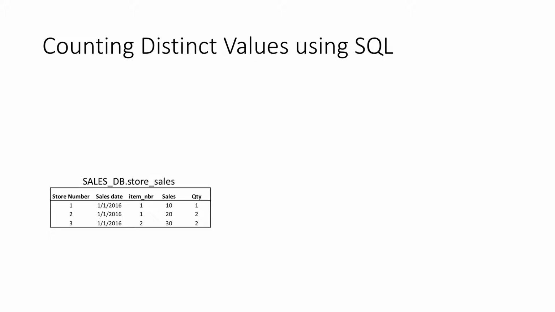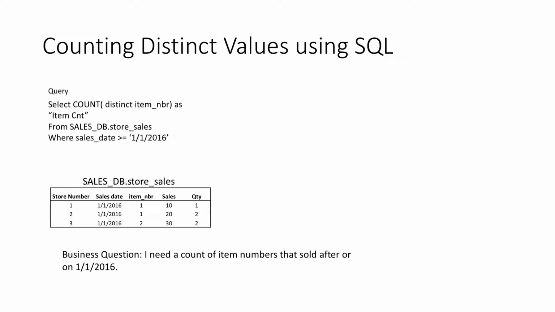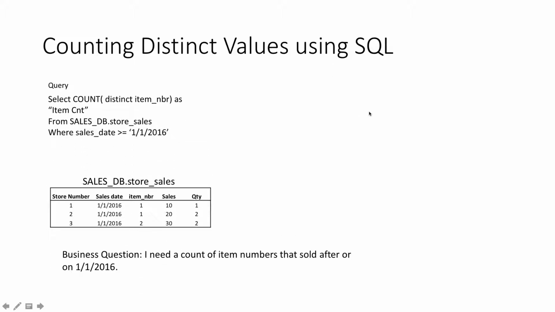Okay, so now we're going to get into counting distinct values. I need a count of item numbers that sold on or after 1/1/2016. So we have select count distinct item number as item count from our table.